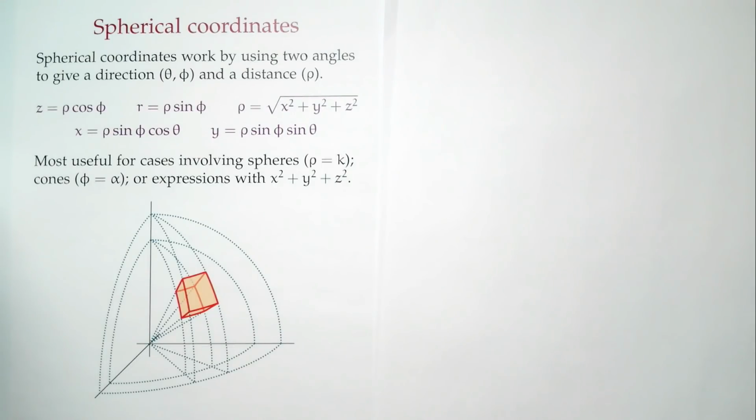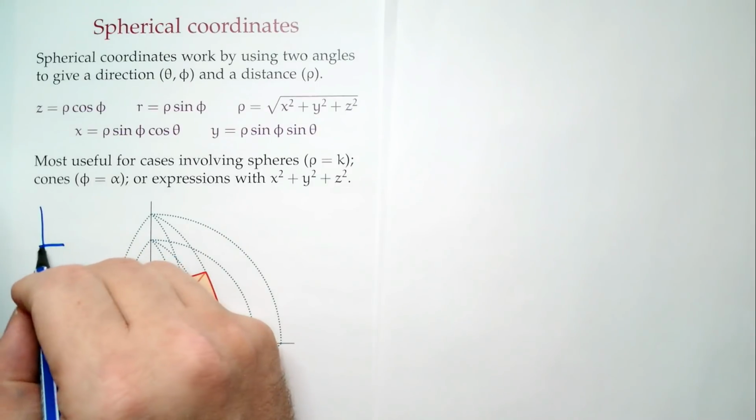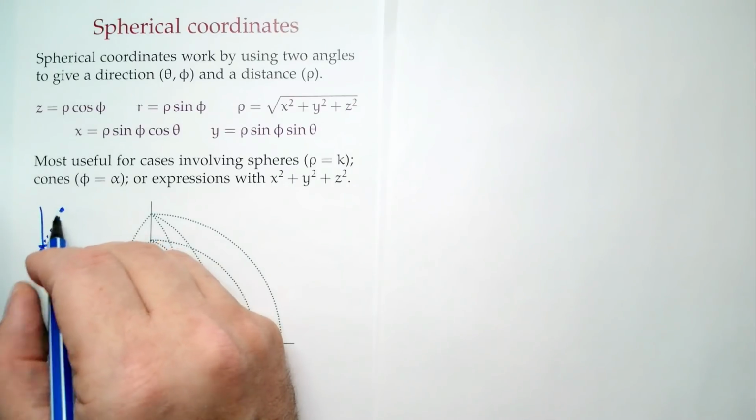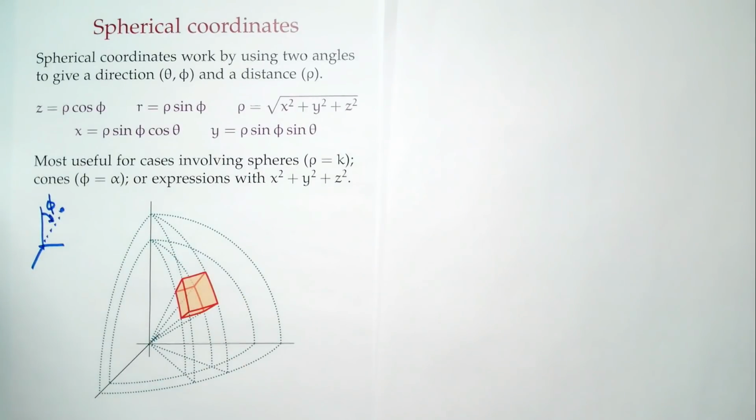Now, where do these things fit into our picture here? As a reminder, I'll put a little sketch over here. So if I'm at some point, phi says how far I come off of the z-axis. So phi equals 0 is pointing straight up. As I start coming down, phi increases. When I hit pi halves, where am I at?